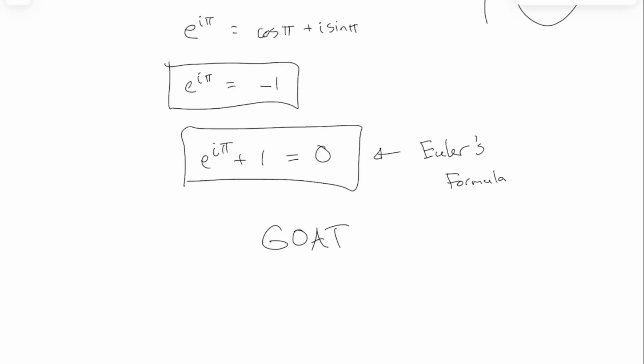Of course, you got to go pi because that's the most fundamental number in geometry. I would take e because that's the most fundamental number in calculus. And then I would also take i as the most basic number in complex analysis or in the algebra of non-real numbers or whatever.